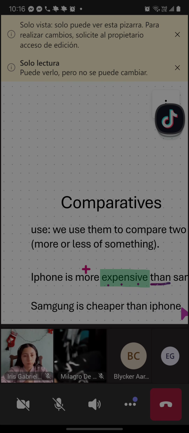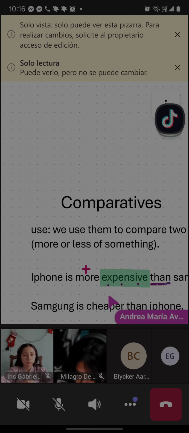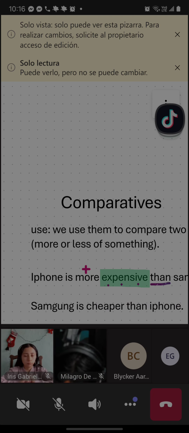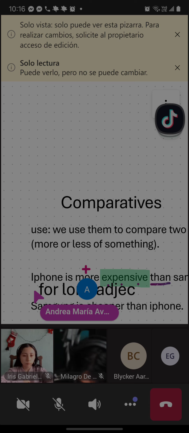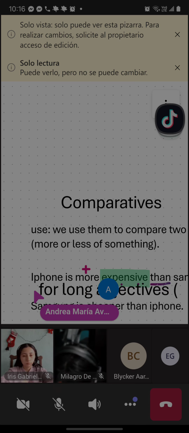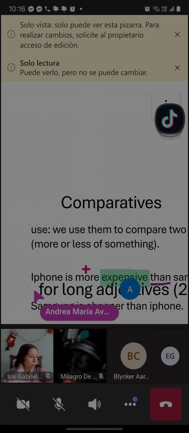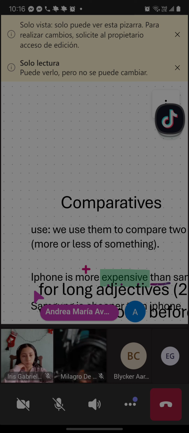Expensive, 3 syllables. So I know that I have to add more. For long adjectives, meaning 2, 3, or more syllables, we add more before the adjective.